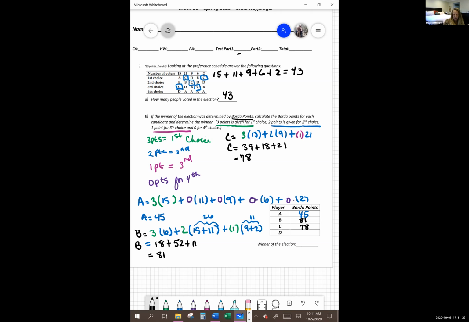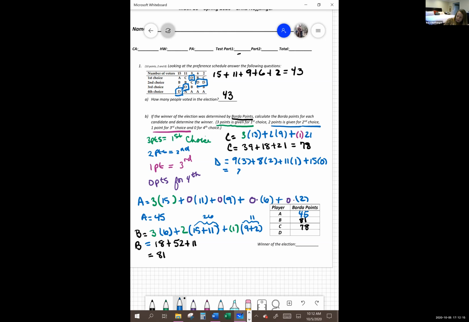And then let's do D. For first place, D was in here 9 times, so 9 times 3. Plus D second choice, 6 plus 2, so that's 8 times 2 points. D was in third place 11 times, so plus 11 times 1 point. And D was in last place 15 times, and that's 15 times 0.